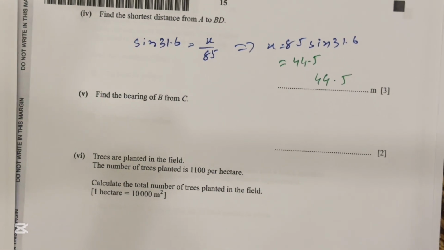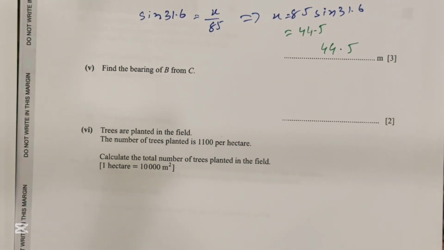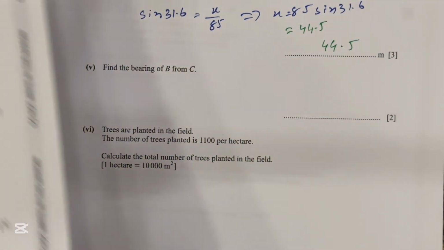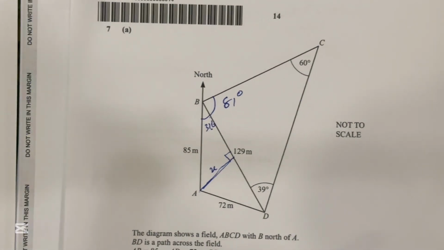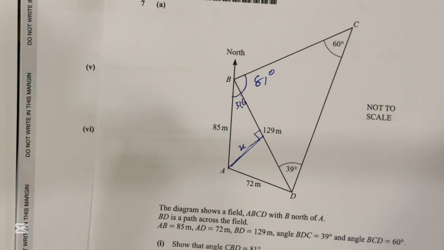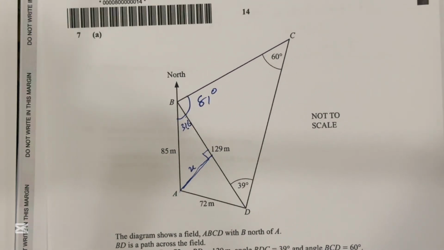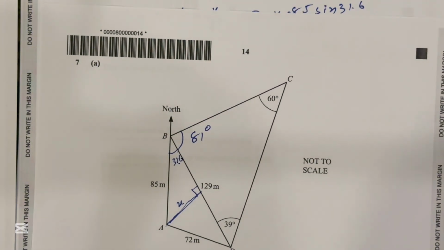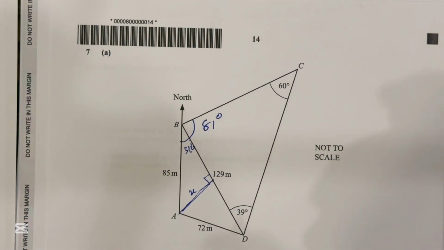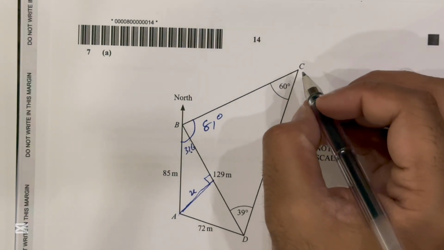Moving to this next part, find the bearing of B from C. So you need to calculate the bearing of B from C. Now you can draw the north over here.